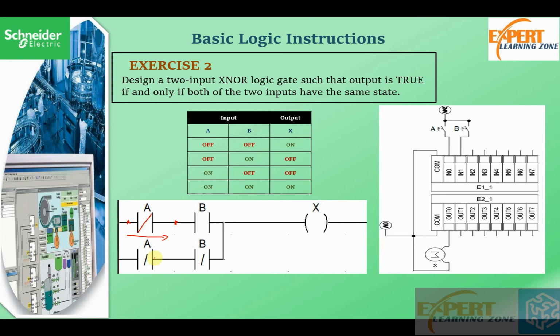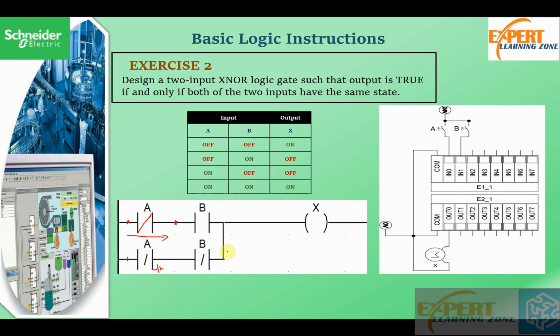And A is on, and since A is on, then A becomes open, and because A is now open, the logic will be stopped here. The logic will not go through even though B is closed, waiting for the logic to come and pass through.